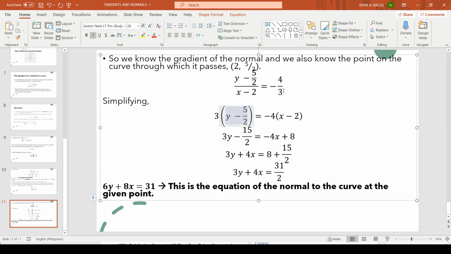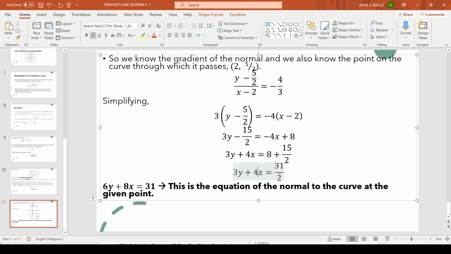So you need to simplify. Put 3 here, cross multiply, and then you have this one. Then simplify, multiply, and put 4x here. So, it becomes plus, and the 15 over 2 becomes plus again. So, transpose, and then you have this equation.